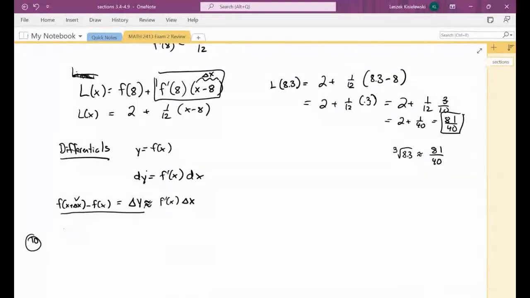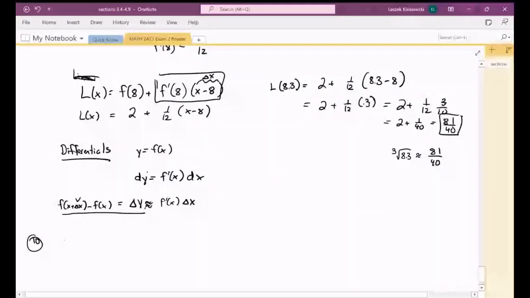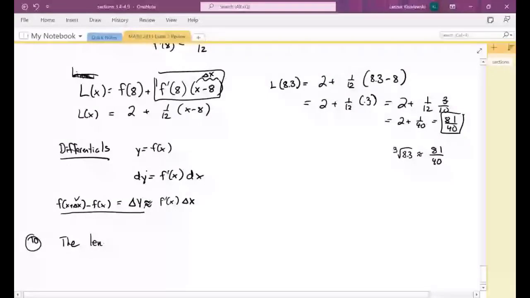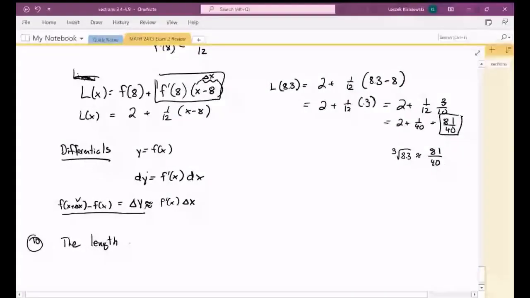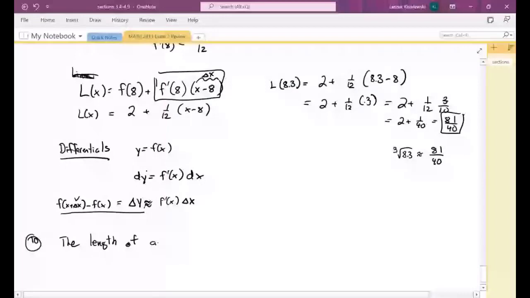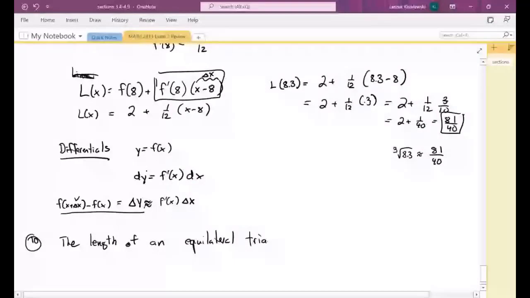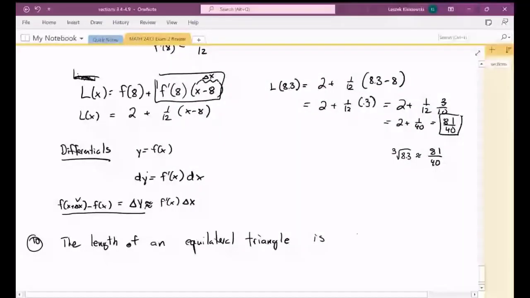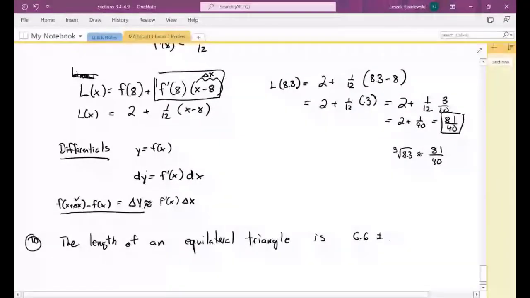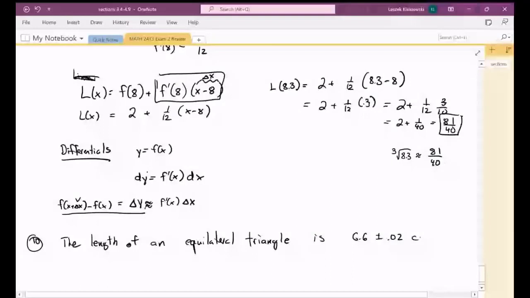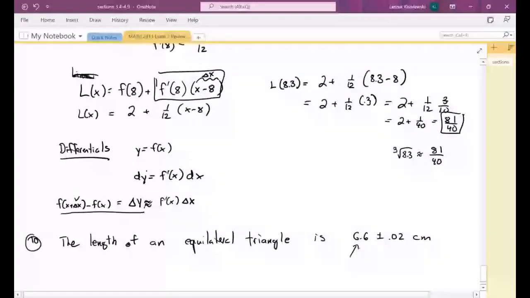All right. So the length of a side of an equilateral triangle is, I don't know, 6.6 plus or minus 0.02 centimeters, it says. So this is the measurement, and this is the uncertainty in the measurement due to whatever.